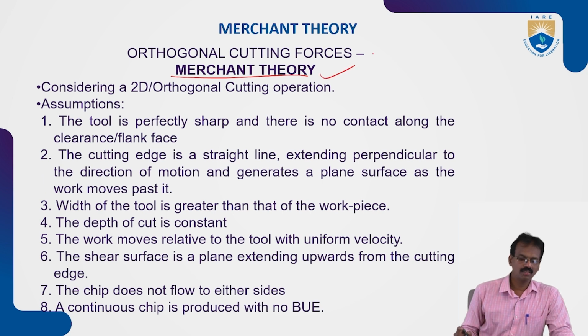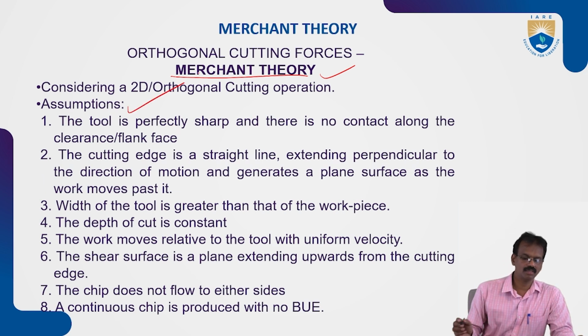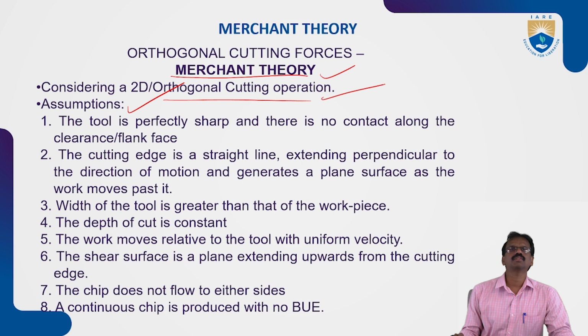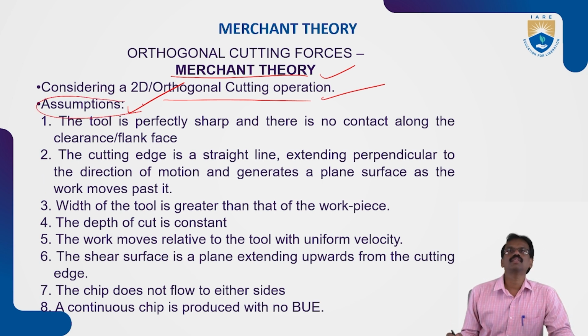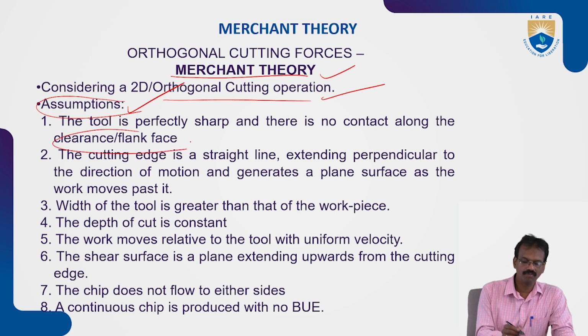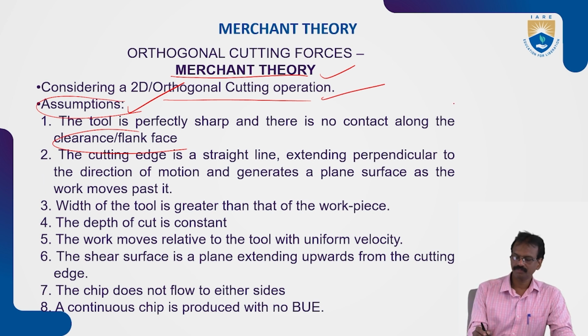For applying this Merchant theory, we will consider some assumptions, considering a two-dimensional orthogonal cutting operation. The first assumption is that the tool is perfectly sharp and there is no contact along the clearance or flank face.